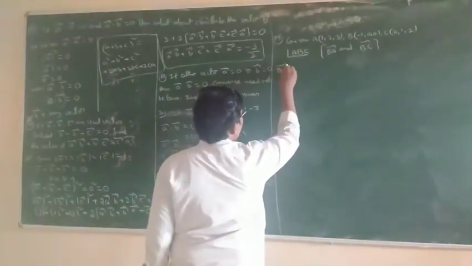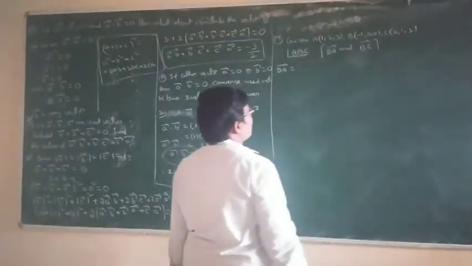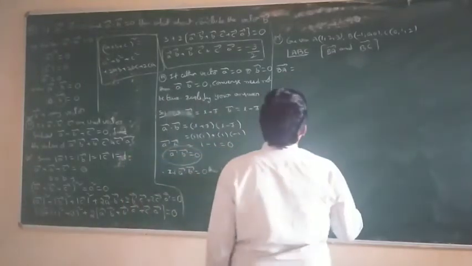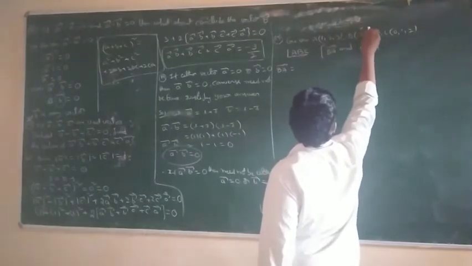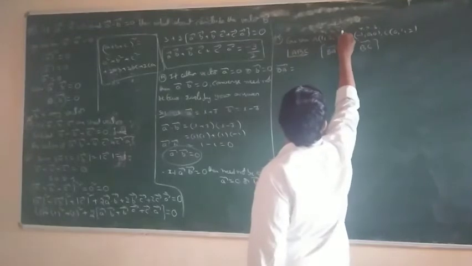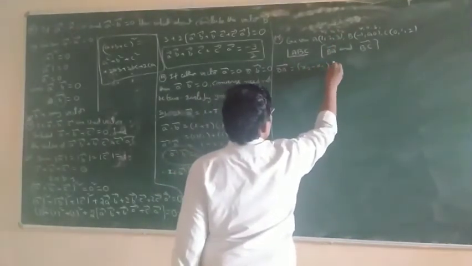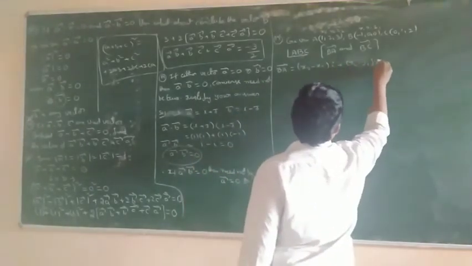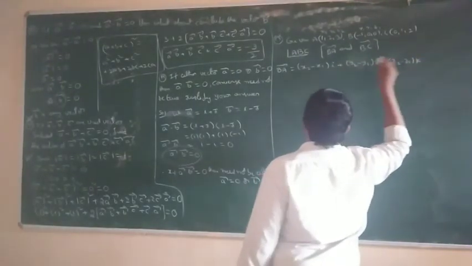BA bar is equal to, first point B is x1 y1 z1, second point A is x2 y2 z2. What is the formula? x2 minus x1 into i plus y2 minus y1 into j plus z2 minus z1 into k.